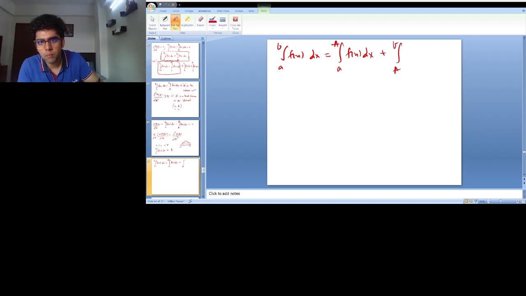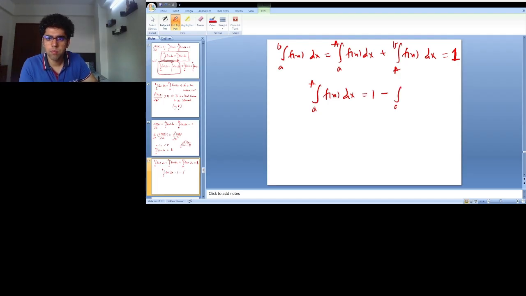So from a to b f(x) dx I can write it this way, and this is equal to 1, right? So now the value of capital A to small b f(x) dx, just taking the first expression to the RHS, becomes 1 minus the integral small a to capital A f(x) dx, right?